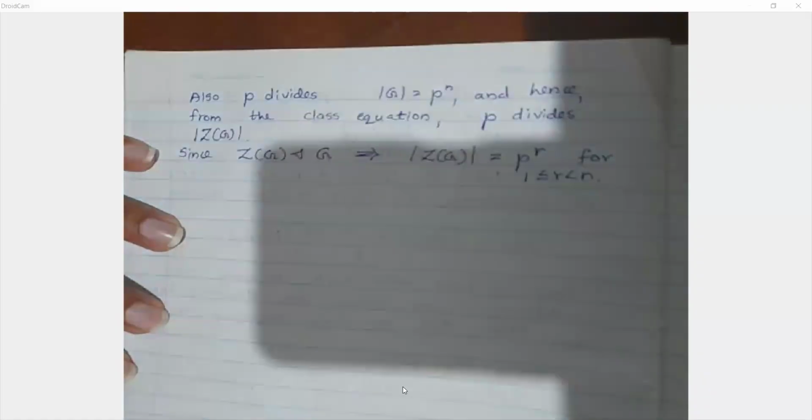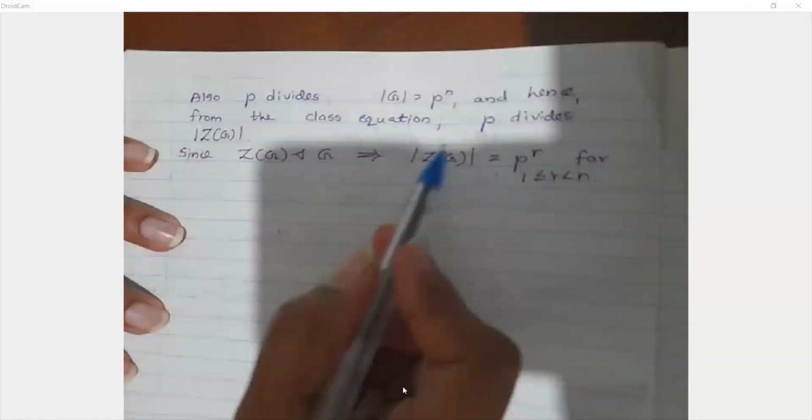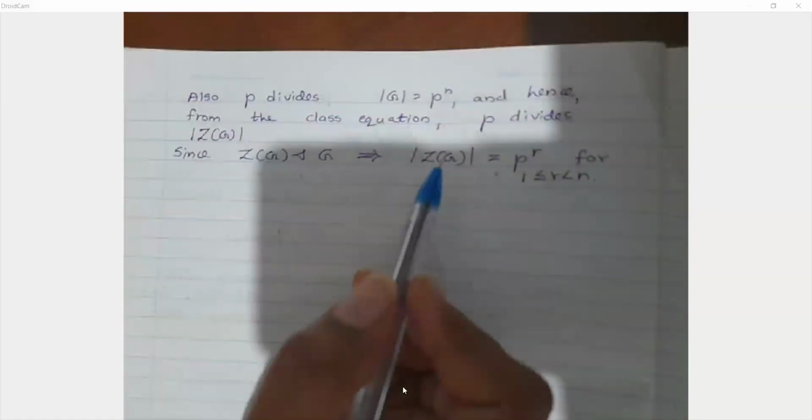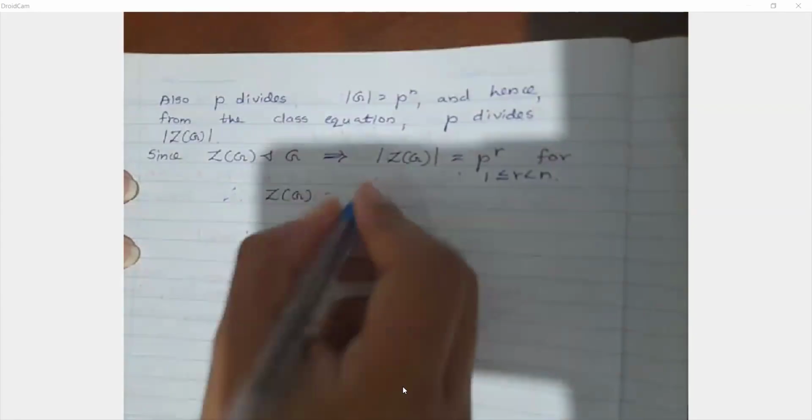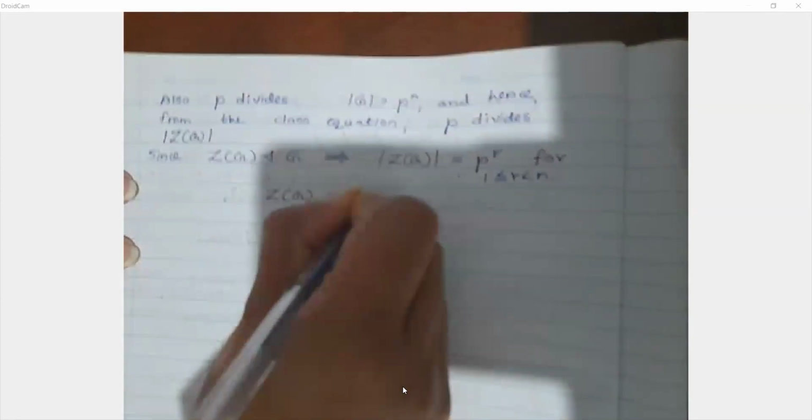In other words, Z of G has more than one element because its order is divisible by P. So we conclude it cannot be the trivial subgroup of G, which contains just one element.